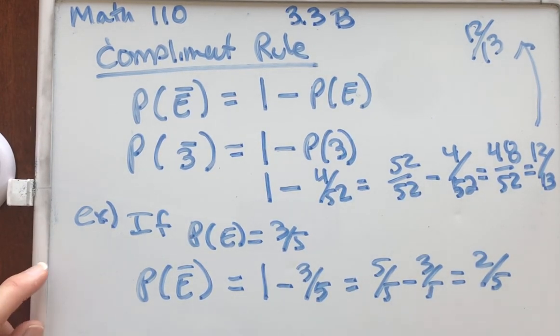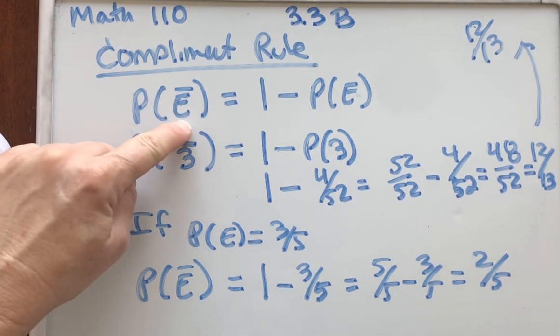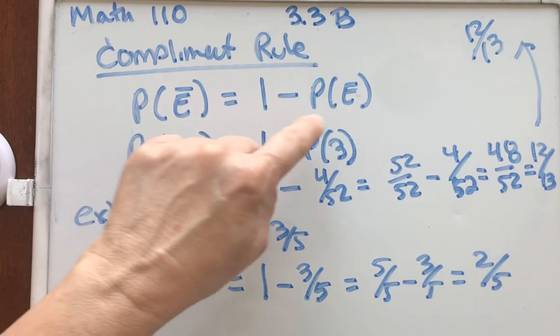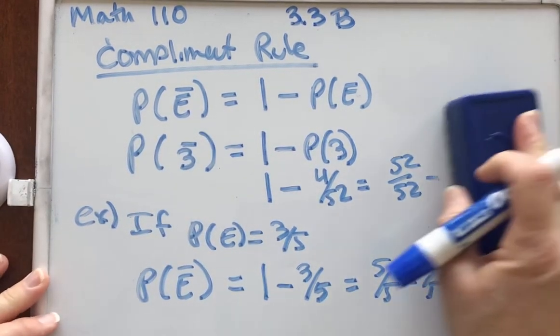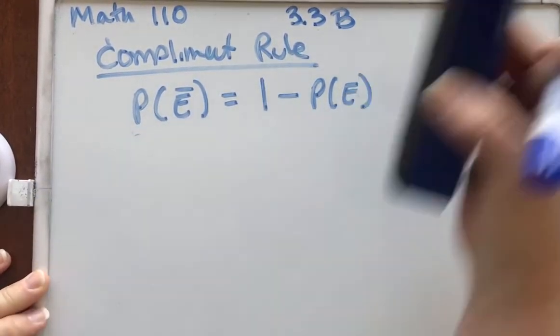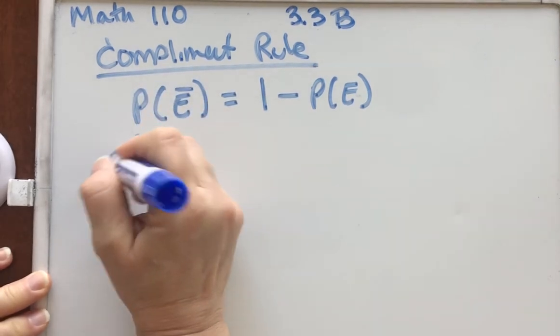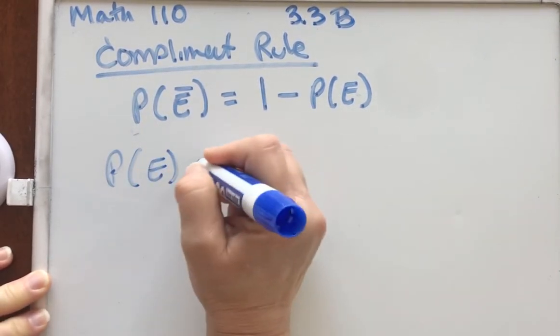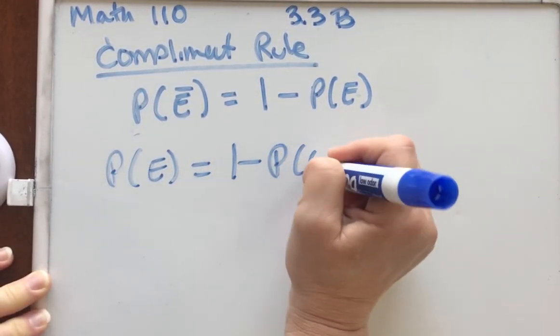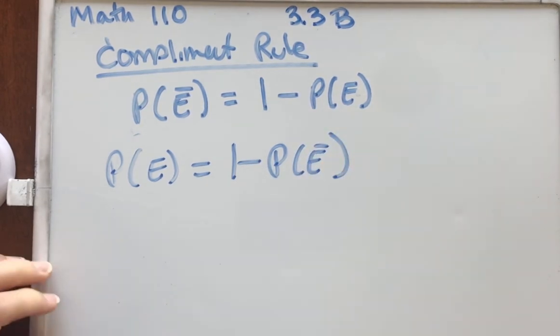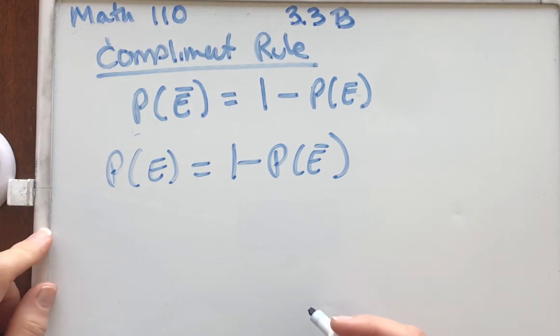Okay, now it works the other way as well. Right now we have probability of not occurring equals 1 minus probability of the event occurring, but we can write it the other way. We can also state the probability of the event equals 1 minus the probability of the event not happening. So let's use the example we just did.